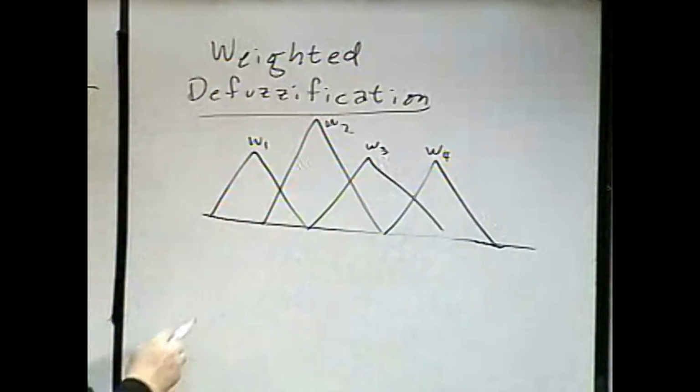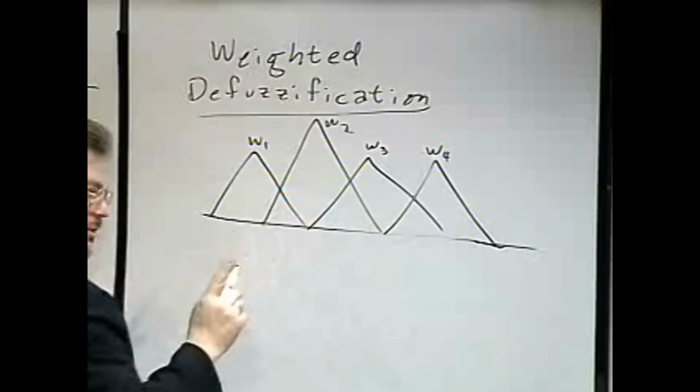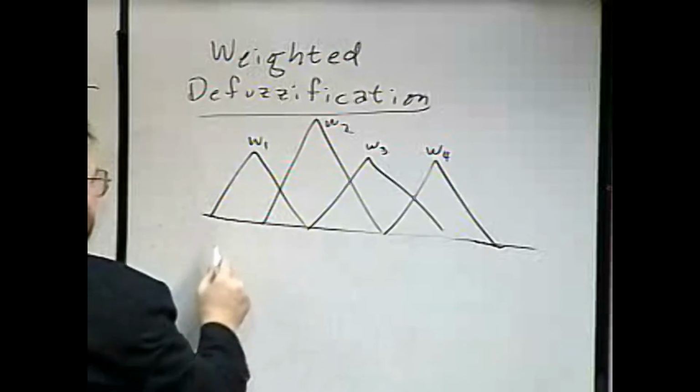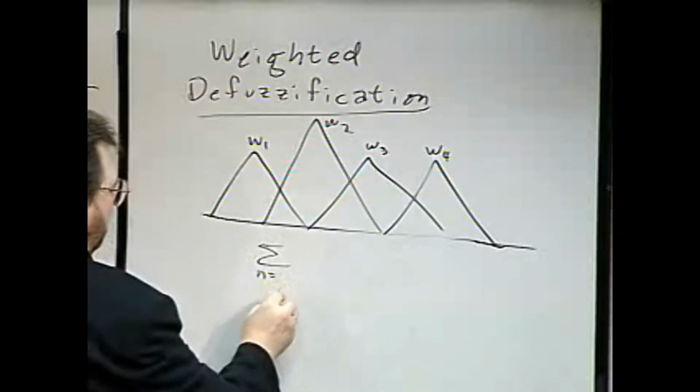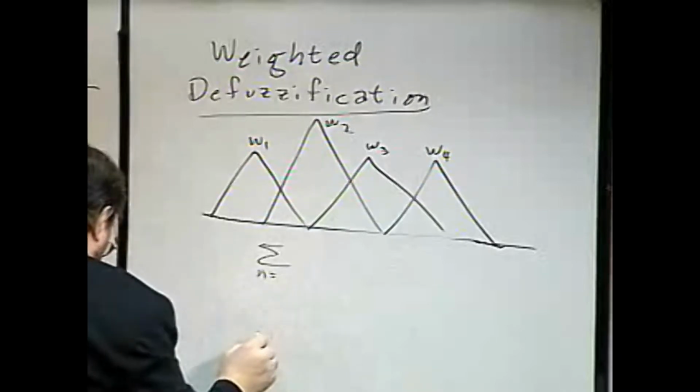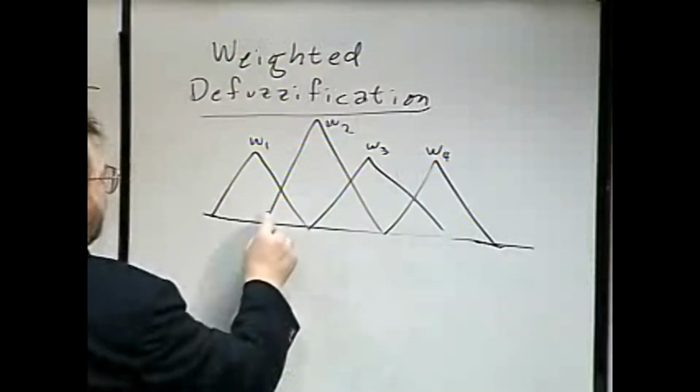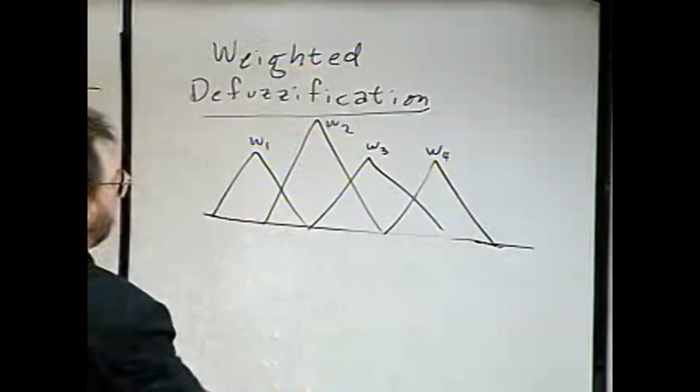What's interesting about this is if we compute the center of mass, which is what we want to do now, the center of mass is going to be the summation of n is equal to, well, let me do it this way.